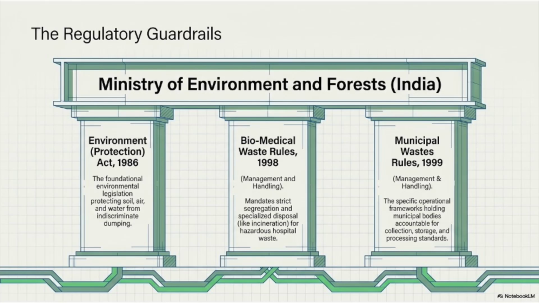The second pillar is the Biomedical Waste Rules of 1998, which mandates strict segregation and specialized disposal, like incineration, for hazardous hospital waste. The third pillar is the Municipal Waste Rules of 1999, which lays out the specific operational frameworks holding municipal bodies accountable for collection, storage, and processing standards.